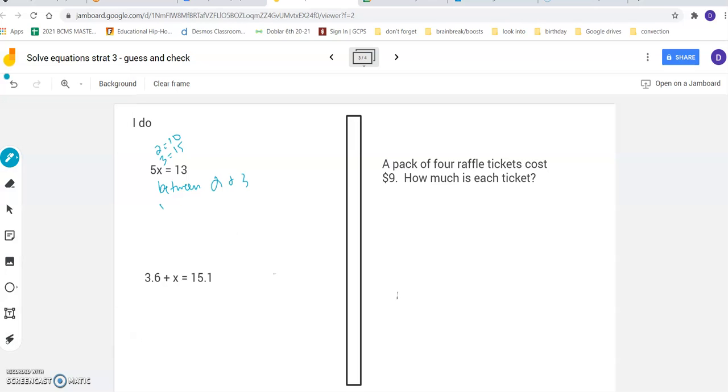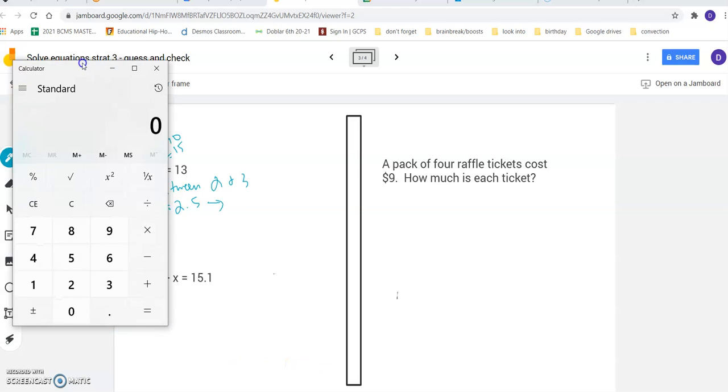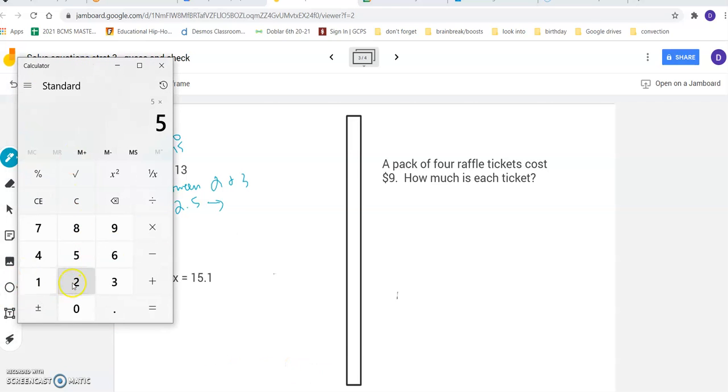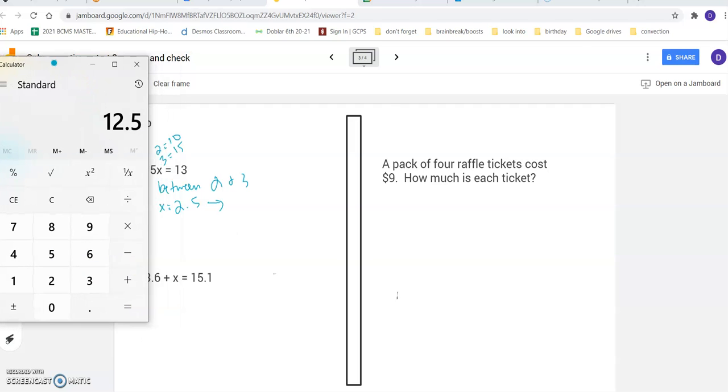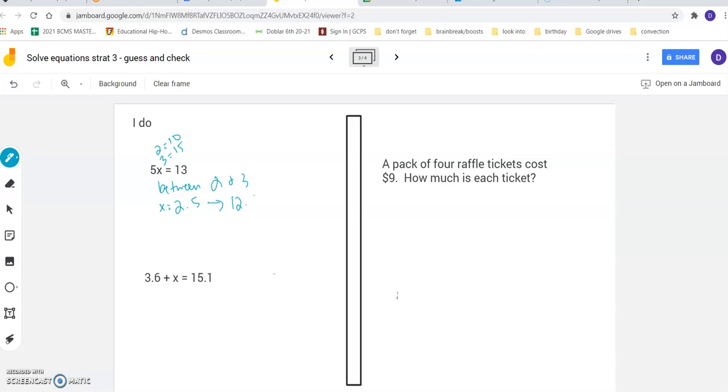So I might start with 2.5. It's right in between 2 and 3. Let's see if x equals 2.5. Then 5 times 2.5 is 12.5, not 13. So I guessed, I checked, that's not it. So let's go up a little.